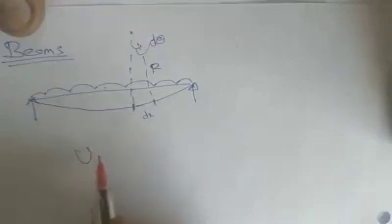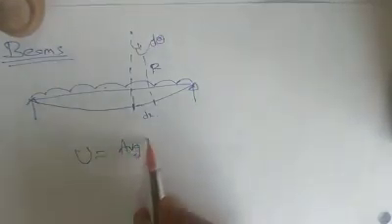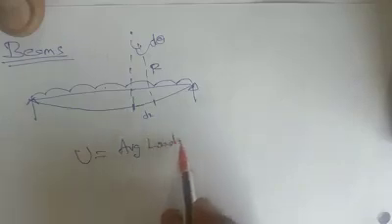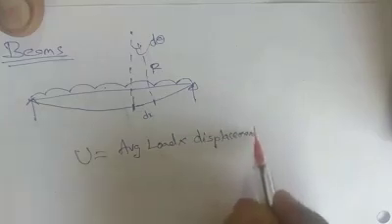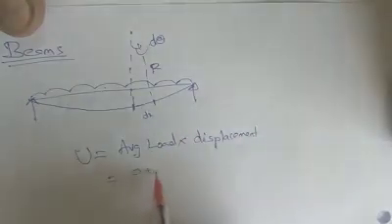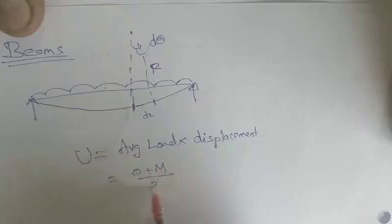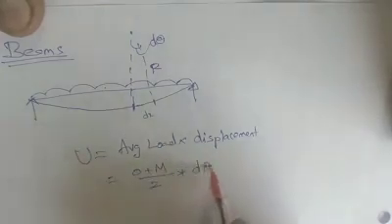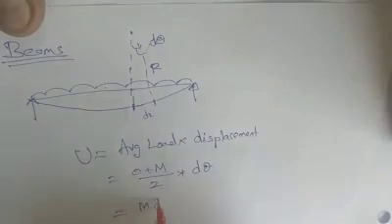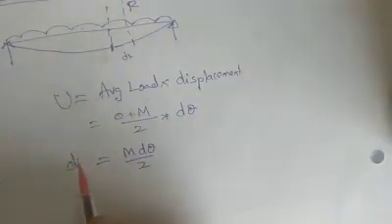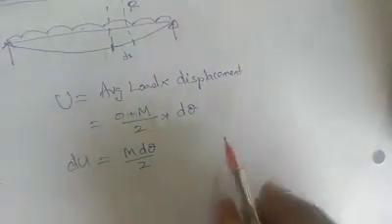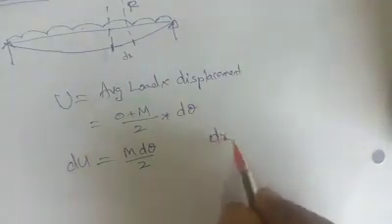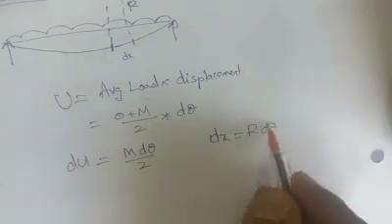Now strain energy is equal to average load into displacement. Here the load is in the form of moment and the displacement is in the form of theta, so it is M d theta by 2, for a small length dx. Now we know the arc length dx is equal to r d theta.